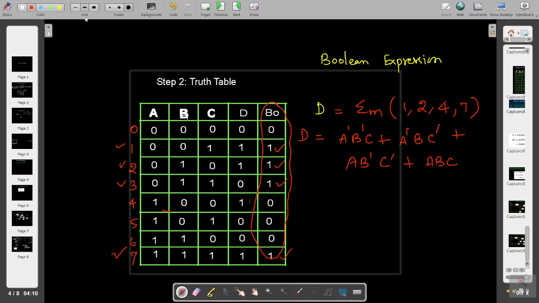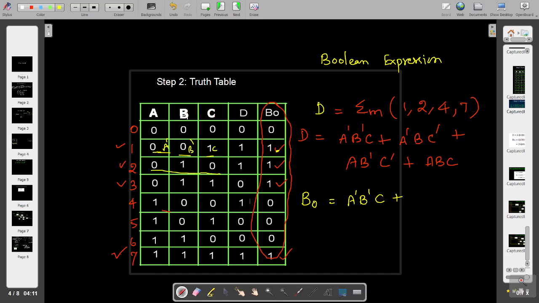So this B naught output, we can write B naught output is equal to this one for this one, right? So we can write this combination as A bar, B bar, C. So it is A bar, B bar, C plus the next one is 2.